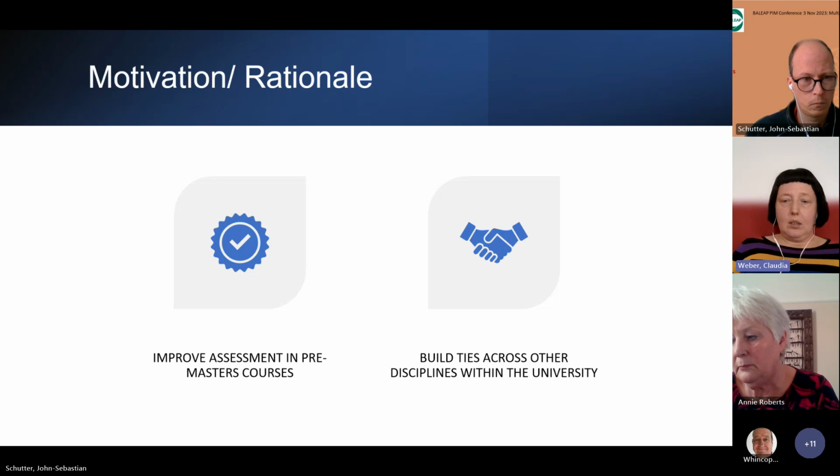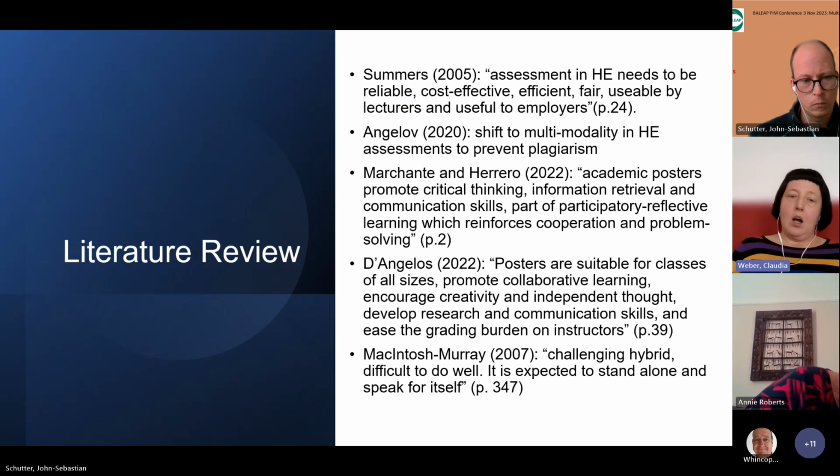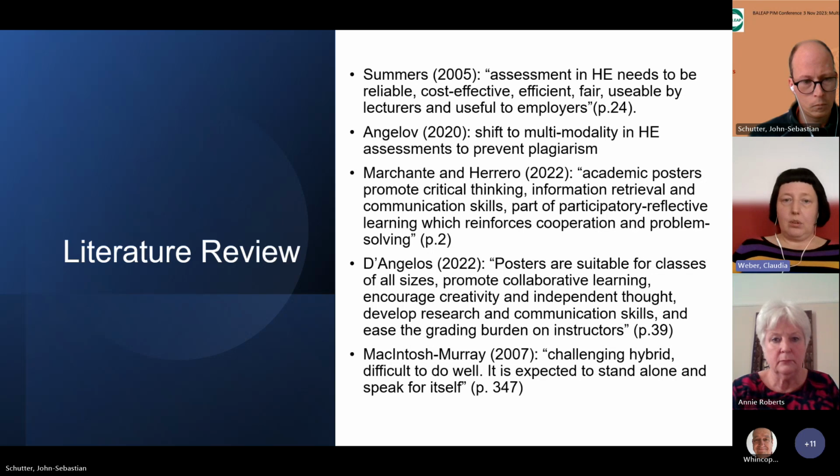So before we sat down with the lecturers, we decided to look at some of the literature. So what research is out there on assessment in higher education in general and posters more specifically.